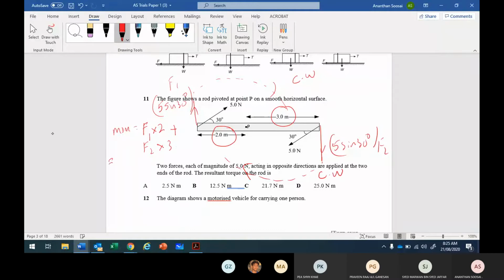So F1 is 5 sine 30 times 2 plus 5 sine 30 times 3. Altogether it is 5 sine 30 times 5. So you get 12.5, clockwise.